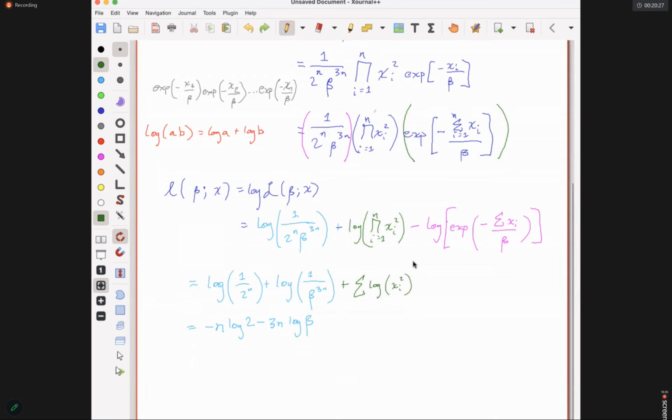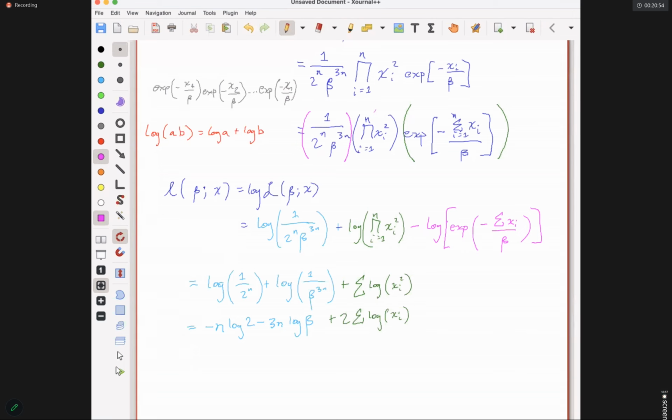And then each of these, because I'm raising the xi to the second power, I can bring the 2 in front. And so I have plus 2 times the sum of the log xi's. Does that make sense? Okay.